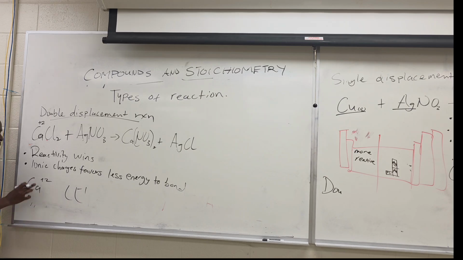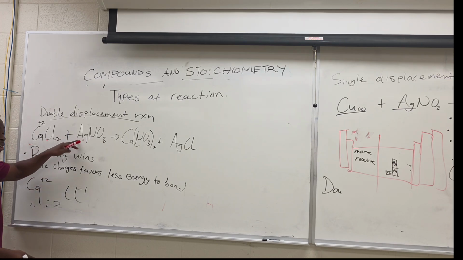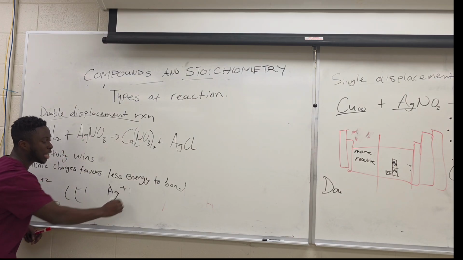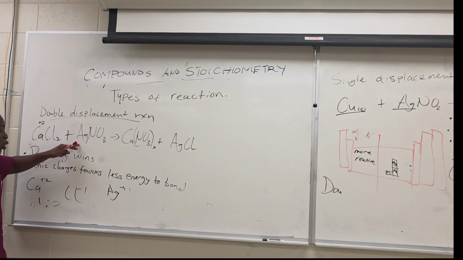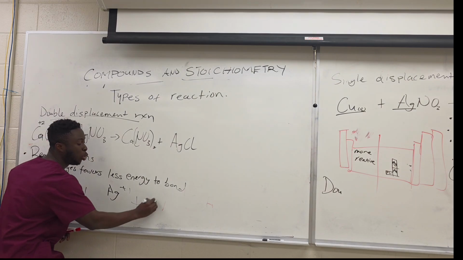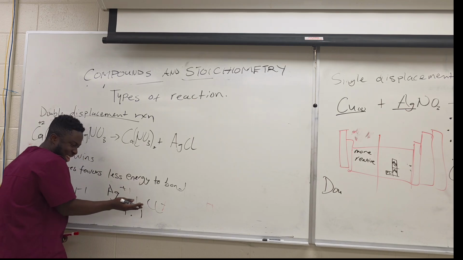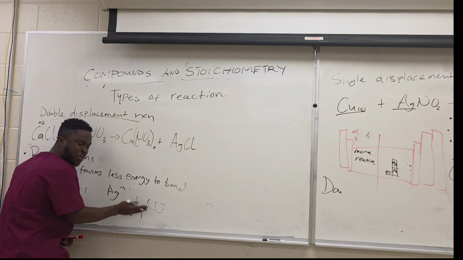So for every 1 calcium that you put in this solution, you need 2 chlorine to bond to it to form neutrality. So if the ratio is 1:2, it is unfavorable. On the other hand, if you put Mr. Silver here in the solution, this silver will produce just +1, and it needs just 1 chlorine. So the ratio is 1:1. Small ratio, less energy, the bond will be favored.